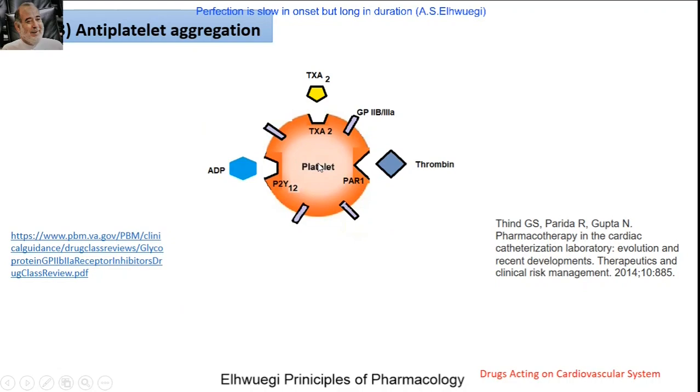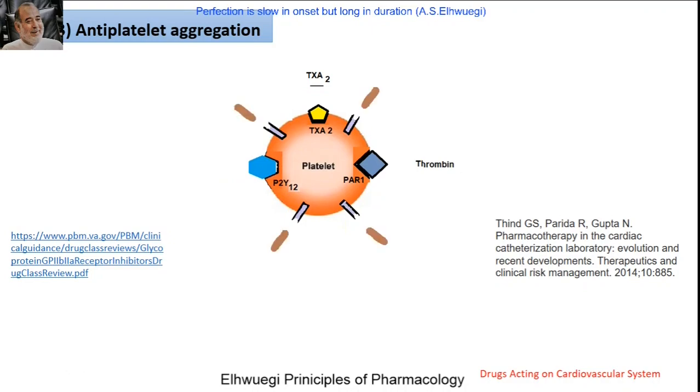Once this agonist binds to the receptor, they will change the configuration of the glycoprotein receptor, which becomes available for the fibrinogen molecule, fibrinogen which is normally floating in the plasma as well. Fibrinogen will bind to these glycoprotein receptors, and this fibrinogen can bind to several platelets and therefore produce platelet aggregation.